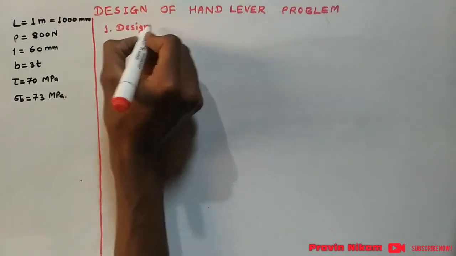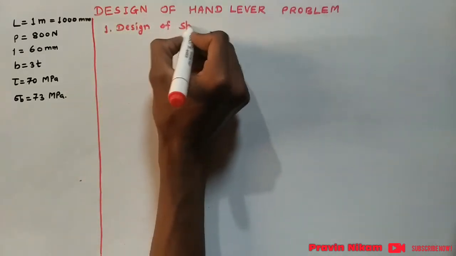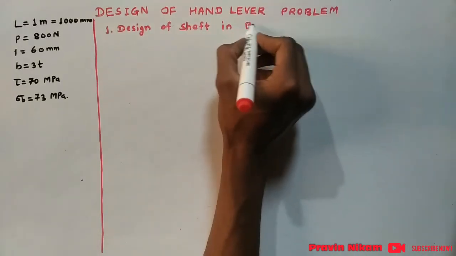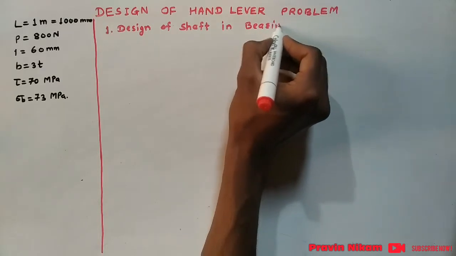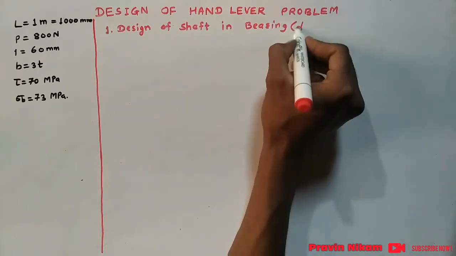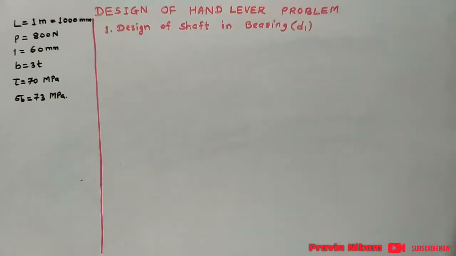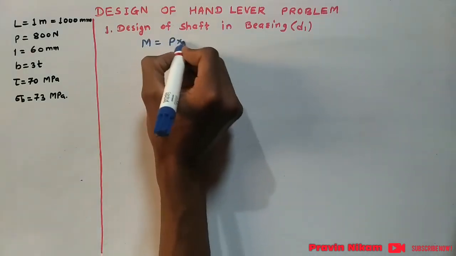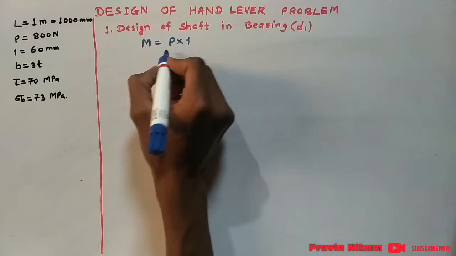of shaft. Design of shaft in bearing, that is d1. So for that we know that M is required and T is required. So here M is equal to P into overhang length, that is small l.